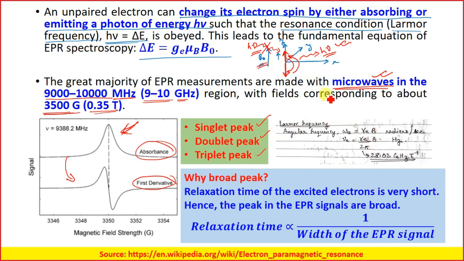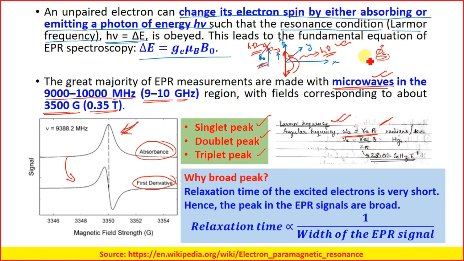When we talk about the Larmor frequency, it is given by omega equal to the gyromagnetic ratio for the electrons multiplied by B. In the figure we have shown the net magnetization vector, but this magnetization vector is precessing. It is forming an orbit-like thing and moving in that way.